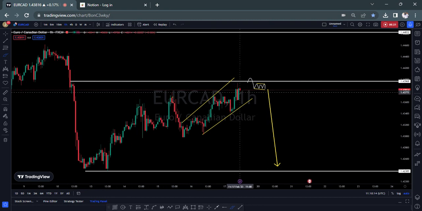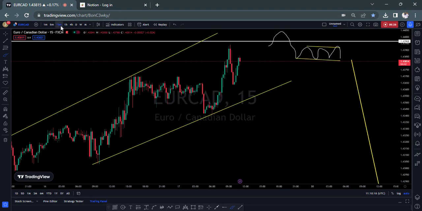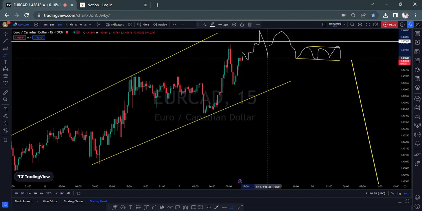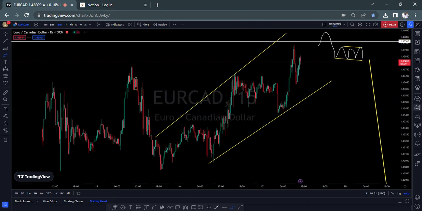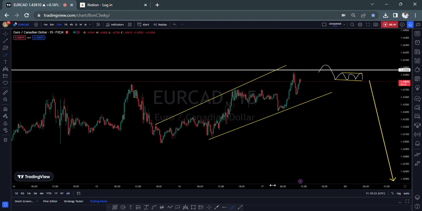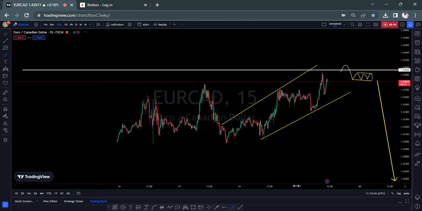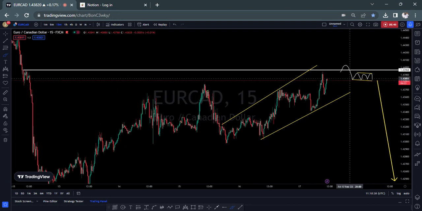But it didn't happen, it just made something like a rejection. But something might still happen because this can be a trap. It might still go on and break this high and come back down. But I still need to calm down and see maybe there will be a possible entry for this trade.